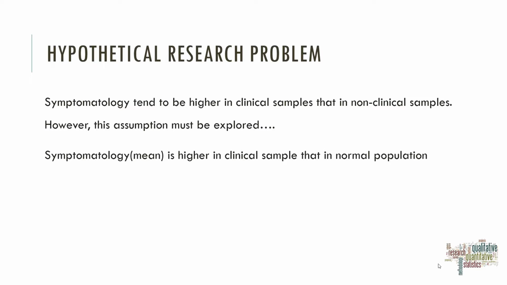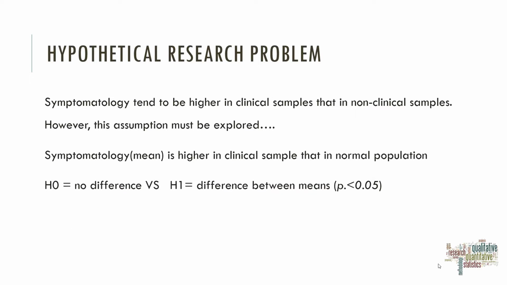So what we are saying here is that symptomatology is higher in the clinical sample than in the normal population. Our null hypothesis is the absence of effect, so no difference, and the H1 is a difference between means. Okay. So now let's jump to the SPSS environment.